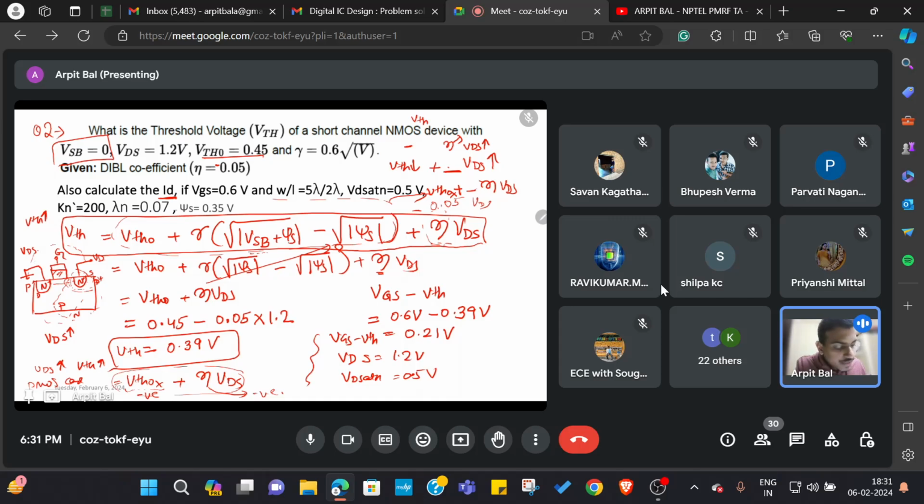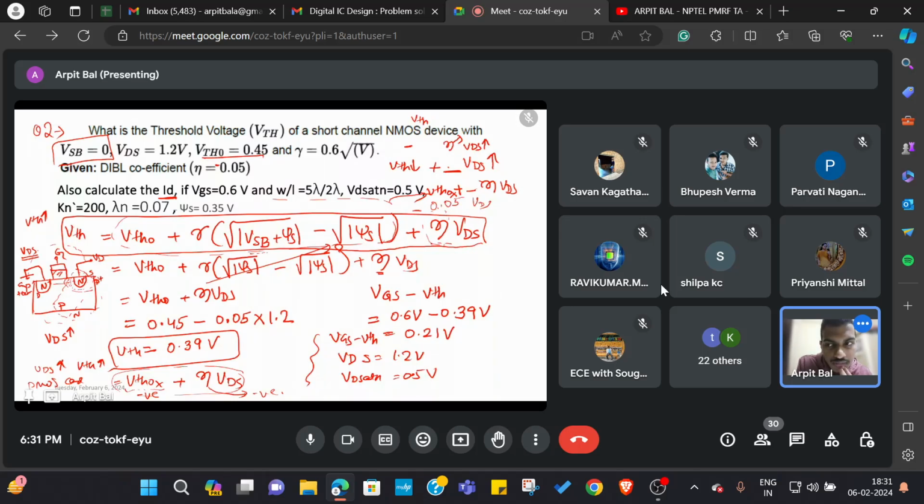Either of the terminals can be drain or source, but if I am increasing the drain potential, it means I am increasing the potential of the P terminal, right? Yes, sir. So it is going to make it more forward biased, and because of which the VTH is going to decrease.